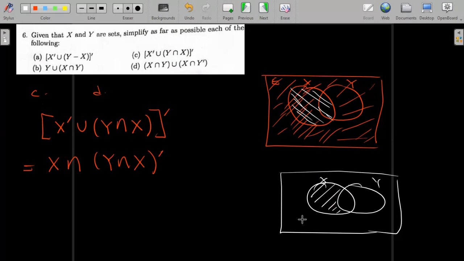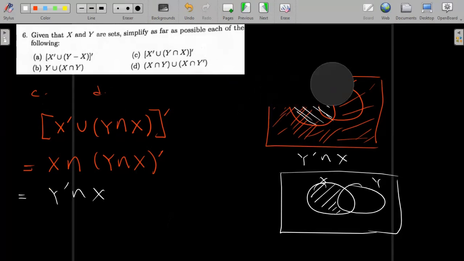So how can I describe this set which I have? If you check, that is just Y complement intersect X. So this here simplifies to Y complement intersect X. Now, we can also ask ourselves, can we get it in another way?